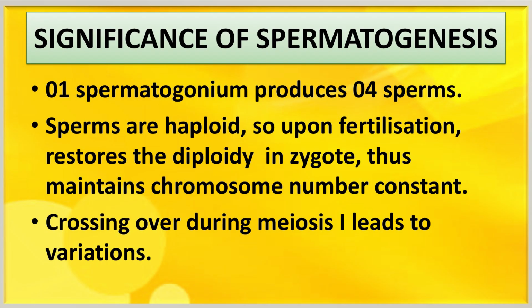If haploidy were not maintained, and we had 2n from the male and 2n from the female in the zygote, it would form a 4n individual, which would distort your genetic makeup. So it is restoring the diploid condition in the zygote by creating haploid gametes, which is a very important feature for maintaining species-specific constancy in nature.